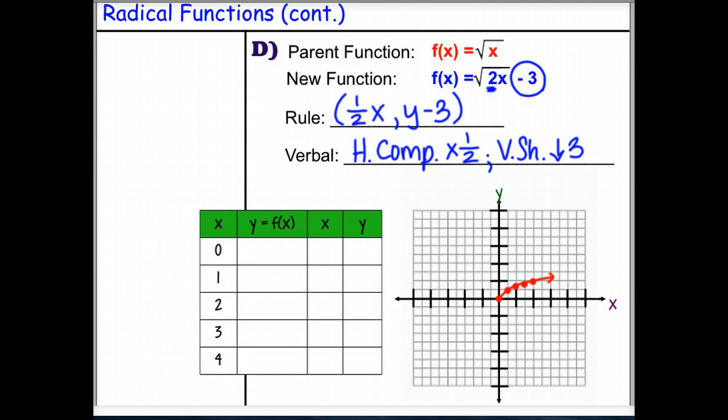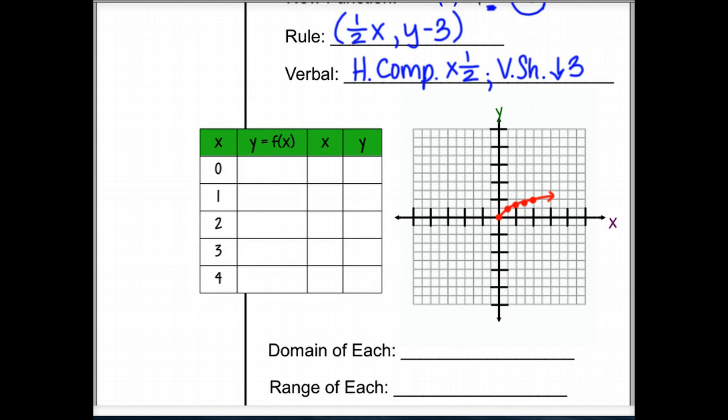So when I fill in my table, my original ones of 0, 1, 1.4, 1.7, and 2, now I'm going to take half of all my x values. So I have 0, 0.5, 1, 1.5, and 2. For my y values, I have -3, -2, -1.6, -1.3, and -1.